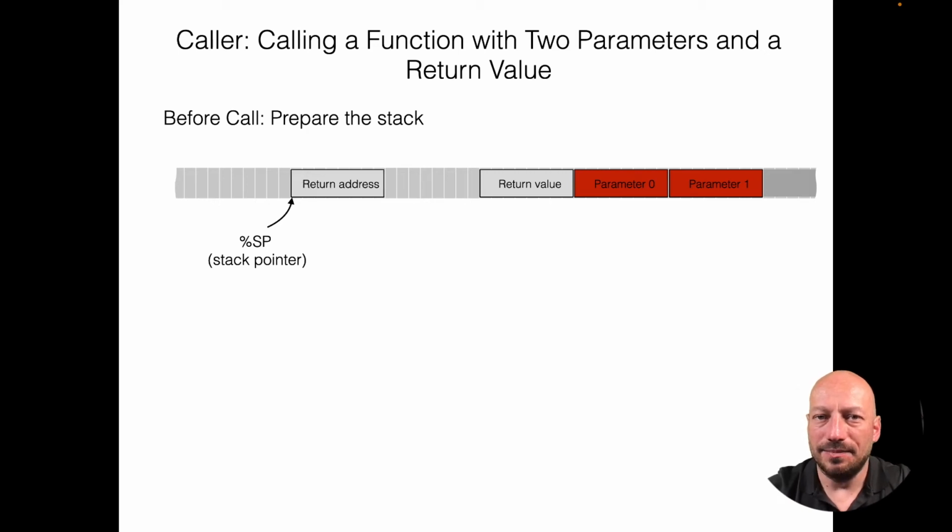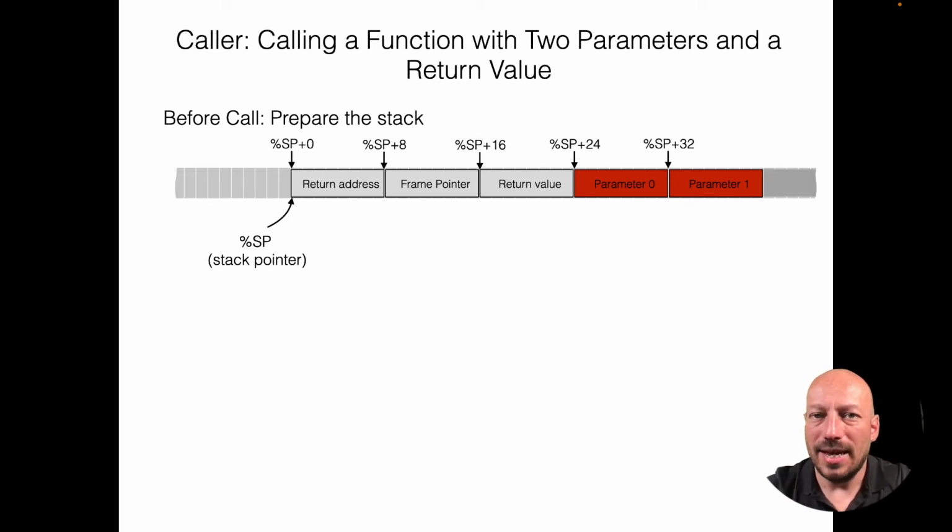And you will see that when we actually deal with the callee side, it will be convenient for the callee to have some extra space on the stack for storing a so-called frame pointer. Now, we do not deal here with the callee yet, but there will be a clear convention where on the stack, relative to the stack pointer right before the call, all these things, and in particular the arguments, the parameters, and the return value will be stored.